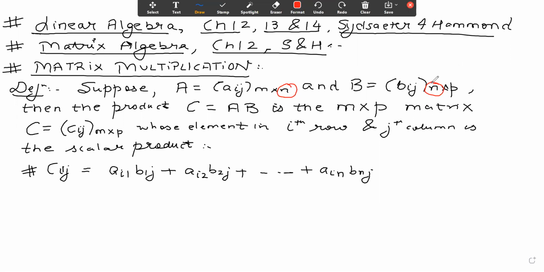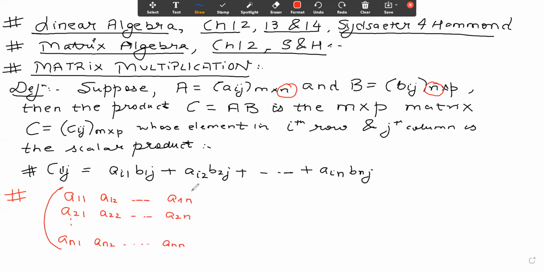Second thing is, suppose my matrix A looks like this on the screen. This is A11, A12, A1n, A21, A22, A2n, and this is AM1, AM2, and AMN. Let me correct myself, guys.